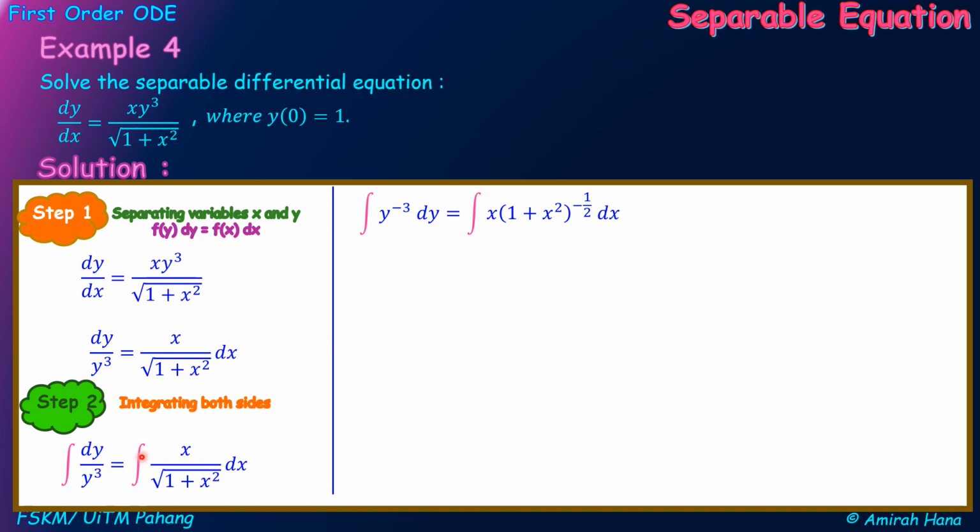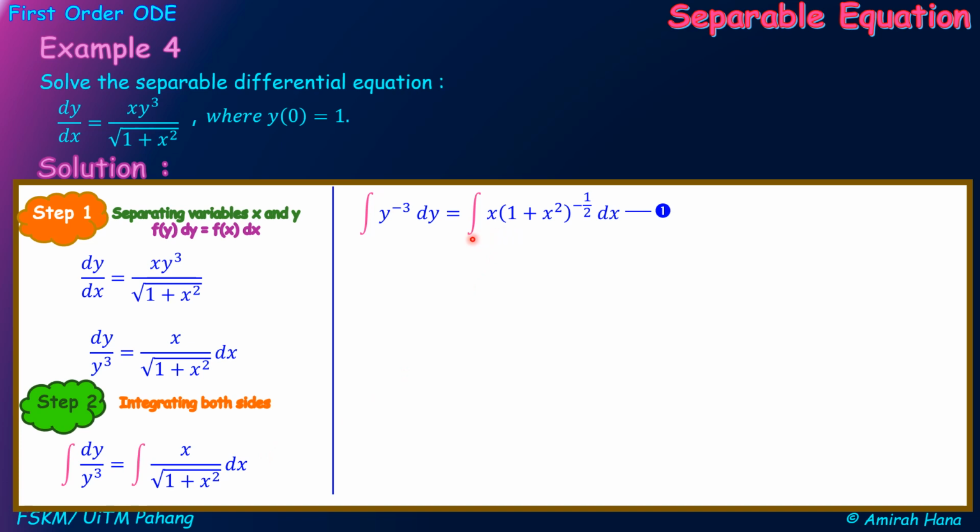And then from x over square root of 1 plus x squared, we can write x times bracket 1 plus x squared to the power of negative half. Negative here because we move up this function using the properties of indices. Half here because of the square root symbol, right?